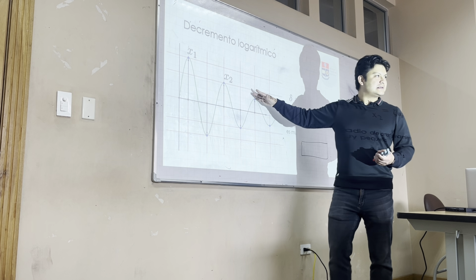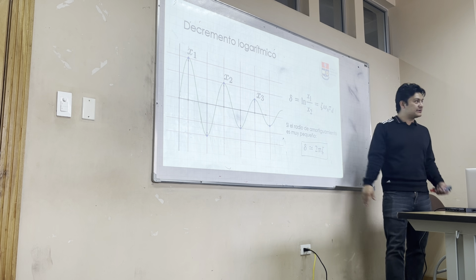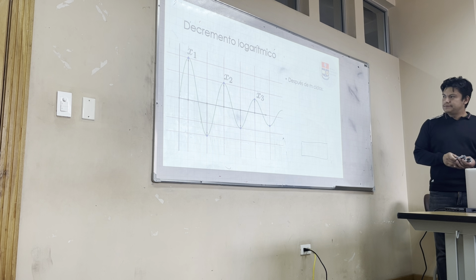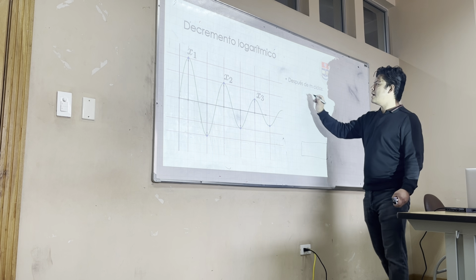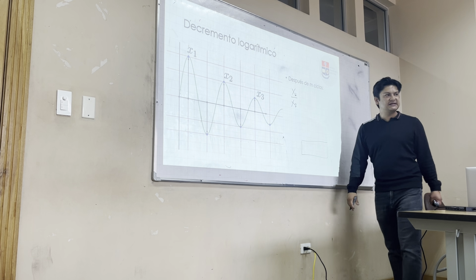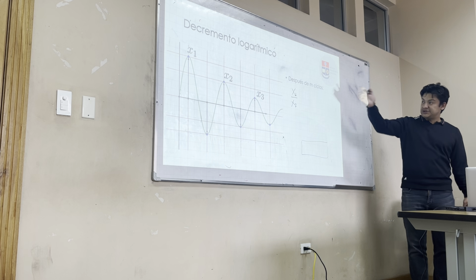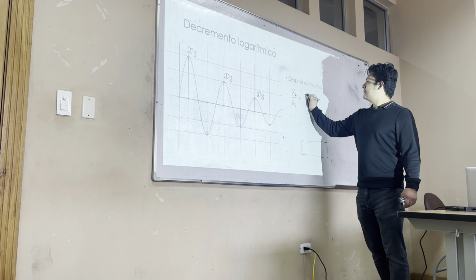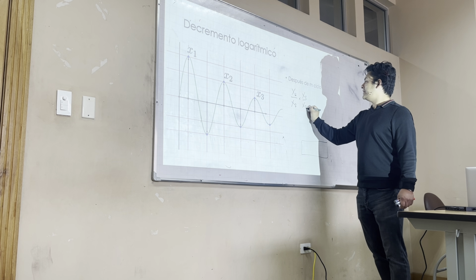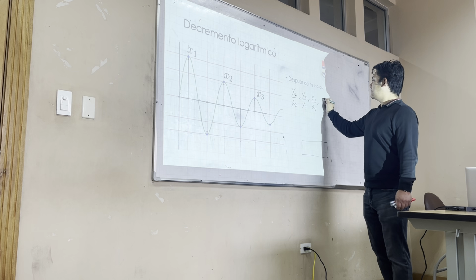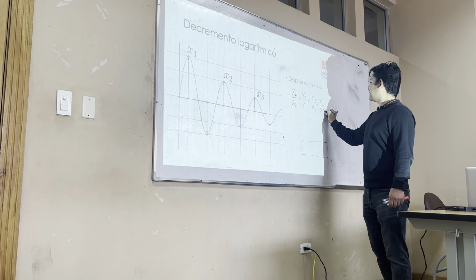However, the data here might be good, the data here might not be that good. It might be probably better to estimate the data from some further point. So, for example, if you take x1 over x2, this is the logarithm. If you take the logarithmic decrement of this thing, then you get that value. x2 over x3, x3 over x4, x4 over x5.